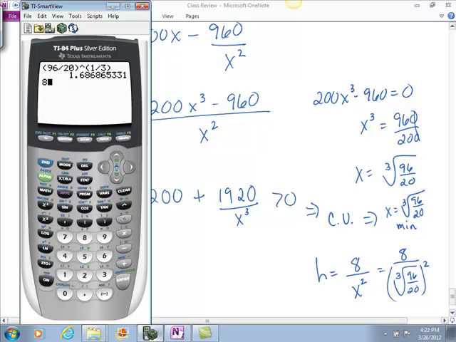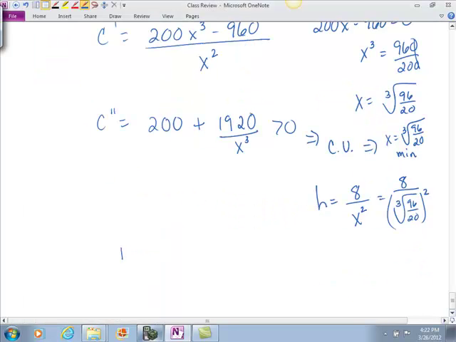So it'll be 8 divided by 96 over 20 to the 2/3 power. So 2.8. So we say 1.7 by 1.7 by 2.8. That gives you a box that will minimize the cost. Because these are meters.